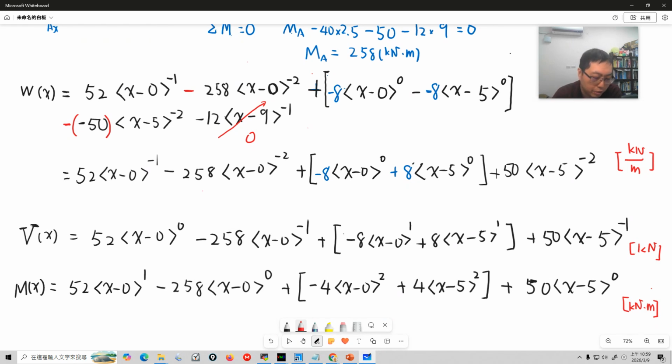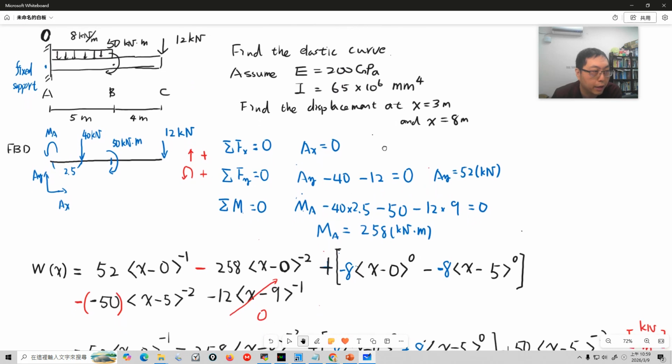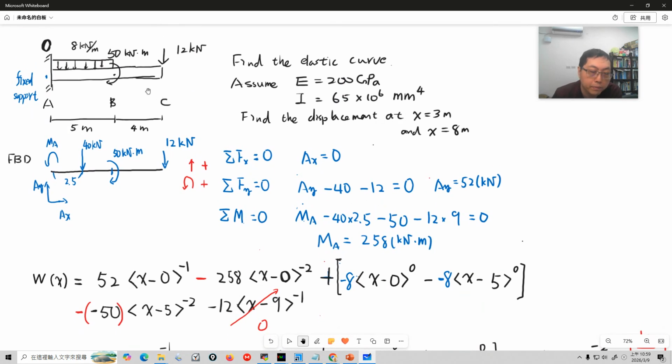Here we just stop the video because I have another half of the calculation process, but I don't want to make the video too long. Let's review the process. First of all, when you apply a load on the beam, you use rigid body equilibrium to calculate the reaction force and reaction moment, and then you have the complete loading and moment acting on this beam.